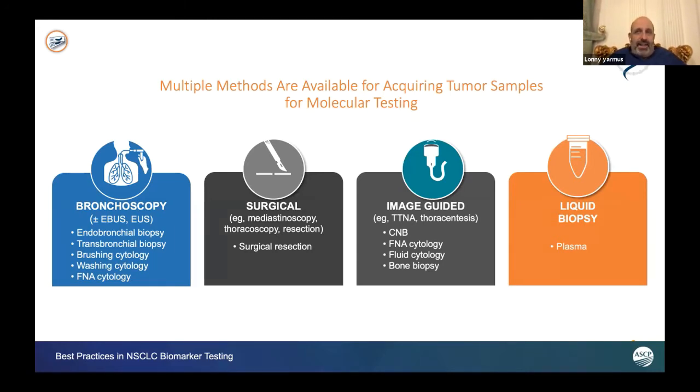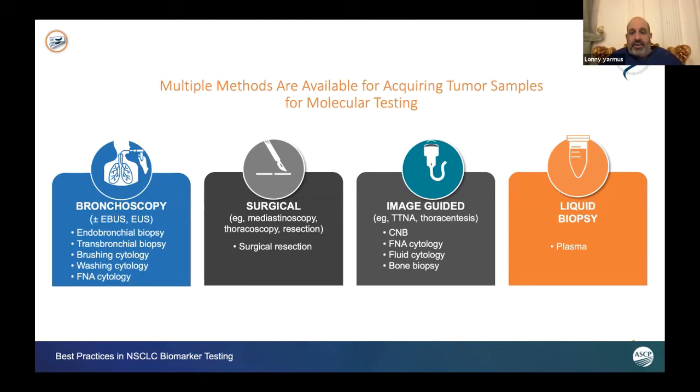EBUS came out a little over 10 years ago, maybe a little bit longer than that now, but when we started our program at Hopkins, we were doing about 1,000 staging mediastinoscopies a year. And last year we did about 1,500 EBUS and I think around 10 primary staging mediastinoscopies. So you can see that that platform has really changed dramatically.